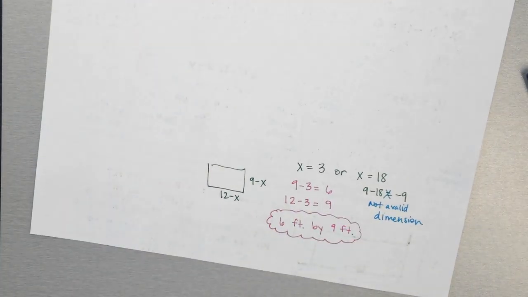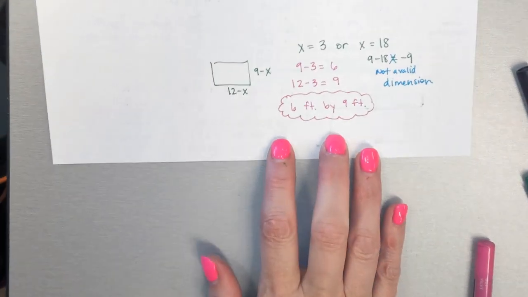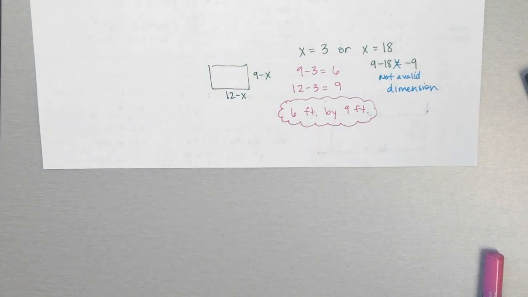Okay, so if one of them produces a negative dimension, that is not going to be your final answer. Okay, your final answer is going to be a valid solution for the story problem. Okay, and then so for that one, you do have to make sure you're showing your work there.